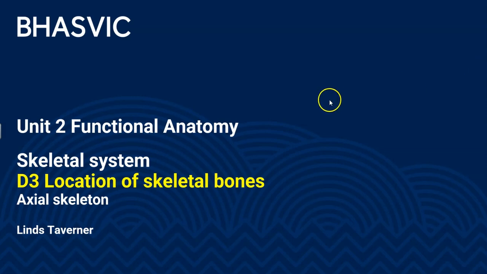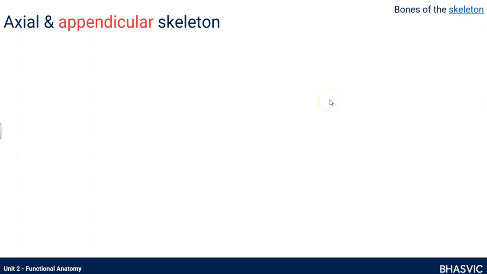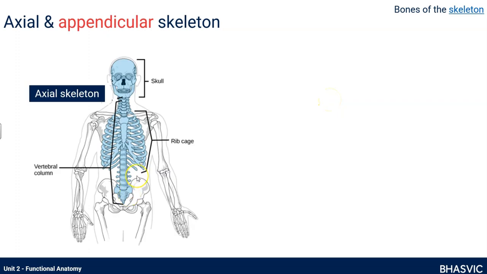So what do we mean by the axial skeleton? As you can see from this diagram then, the axial skeleton refers to the bones in blue, this central axis of our body. And we'll look at each of those bones in detail in a moment.